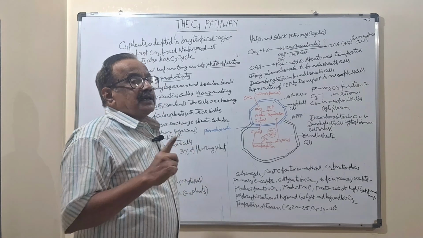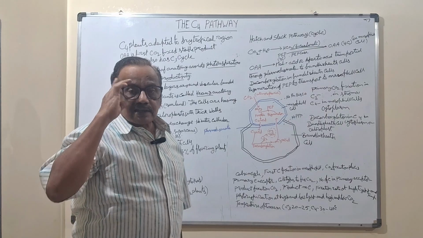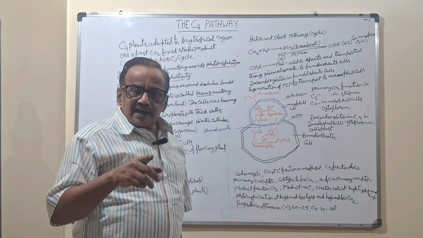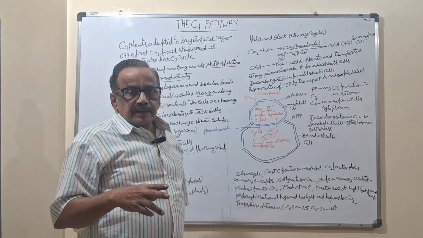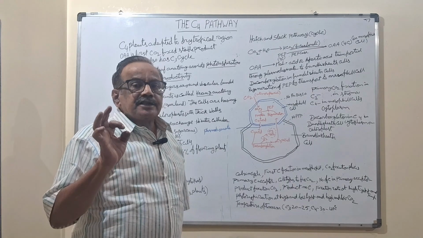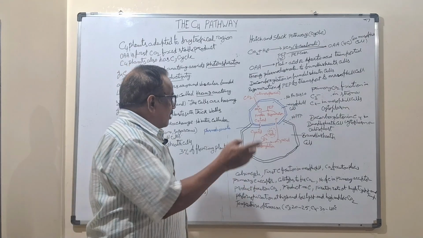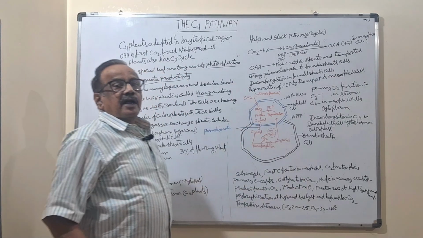But there is a lot of difference. Mesophyll cells of C3 plants fix the carbon dioxide in the gas form. Remember, this is important. But in C4 plants, it will fix the carbon dioxide in the form of bicarbonate.